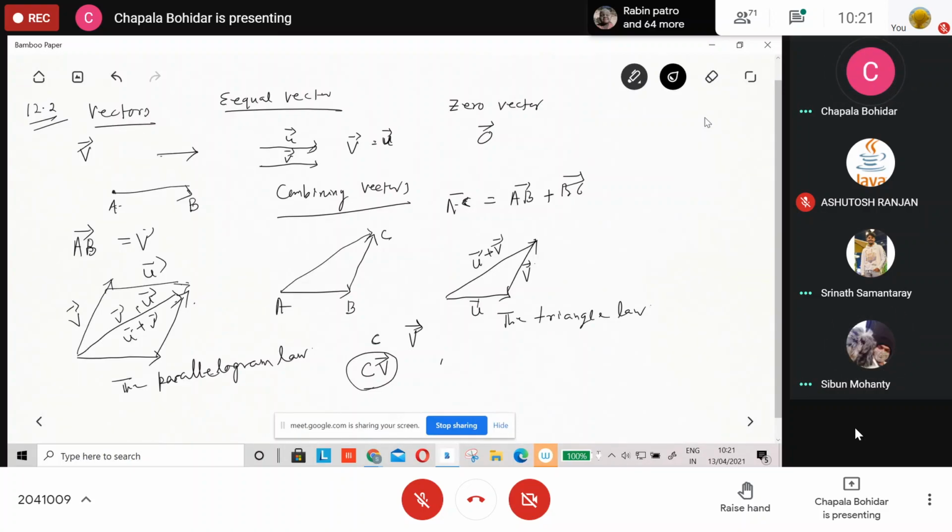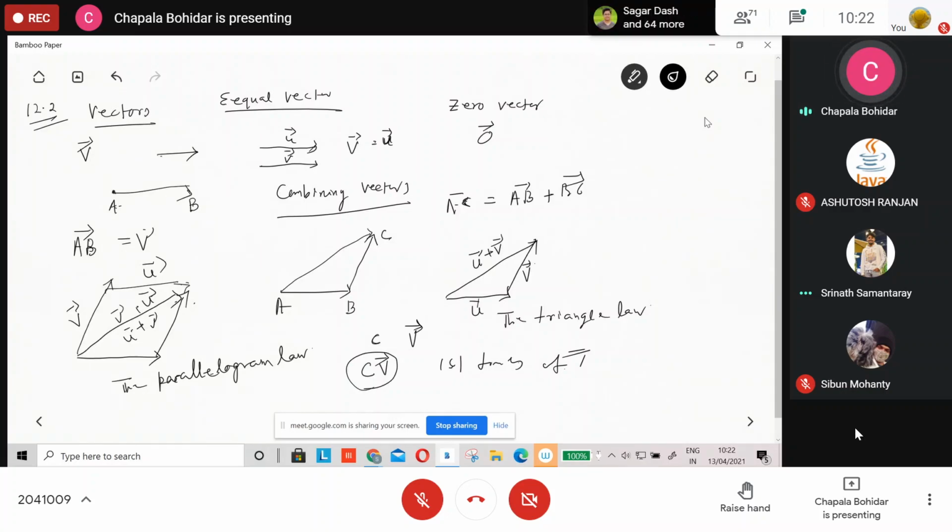And the length of the vector CV is the absolute value of C times the length of V. The direction of the vector depends on the value of C, greater than 0 or less than 0.